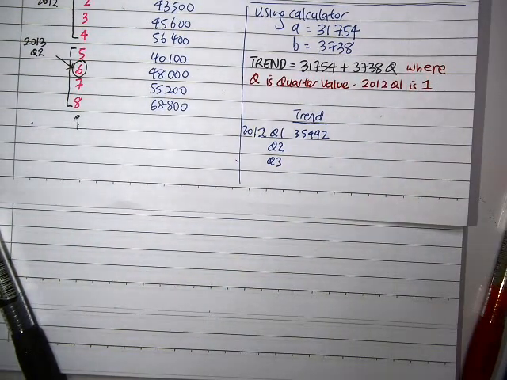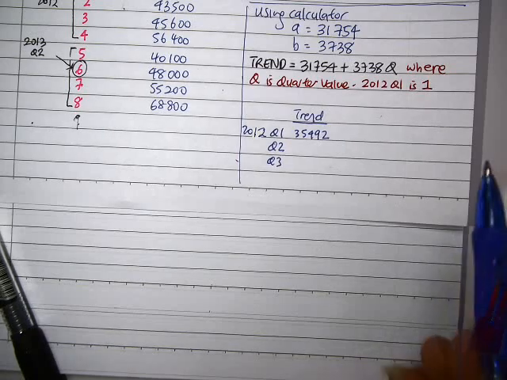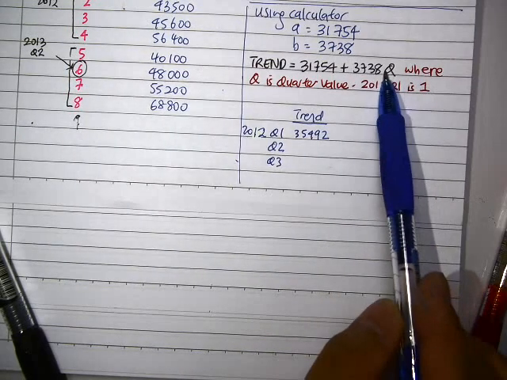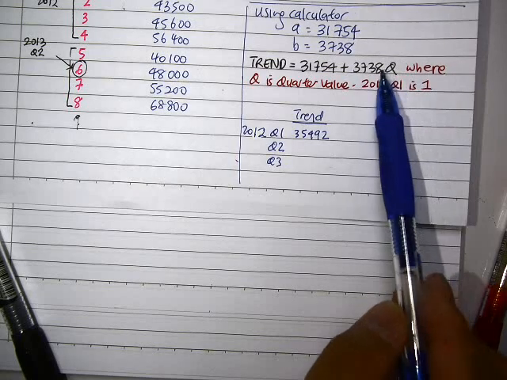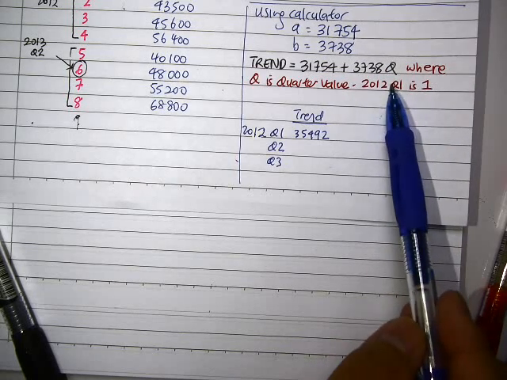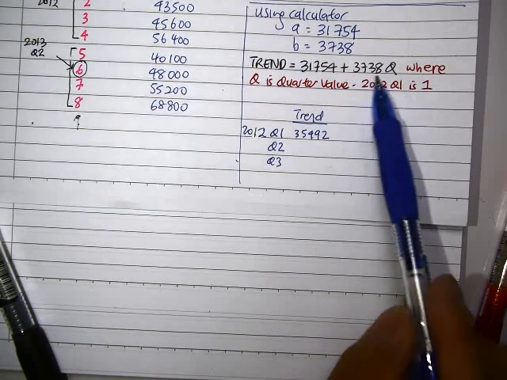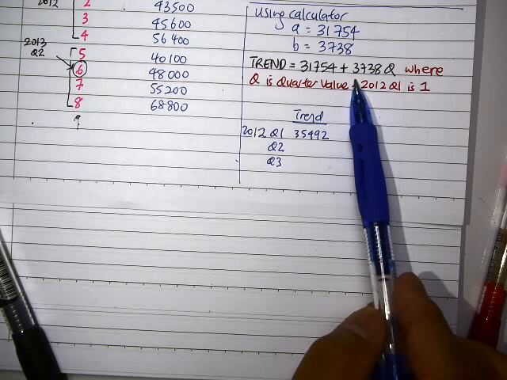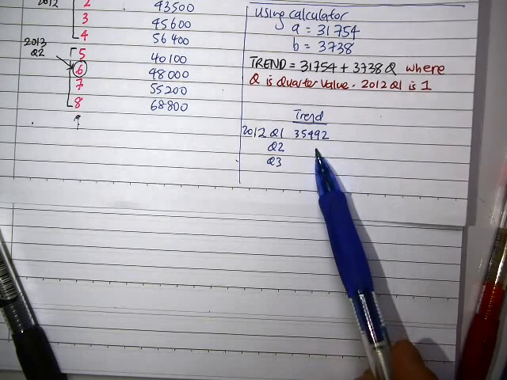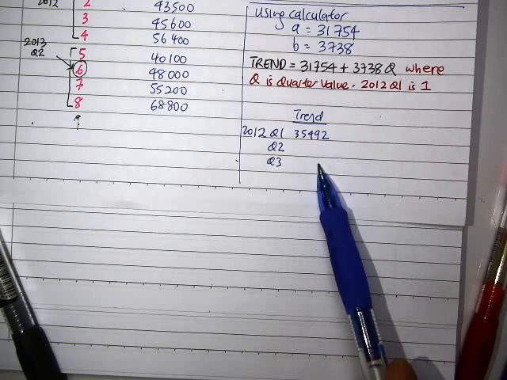Then for quarter 2 is what? That means you change Q to 2. Or if you can see and understand, we are increasing it by the same proportion, because 1 to 2 increases by 1. That means you just keep adding 3738, 3738, 3738.